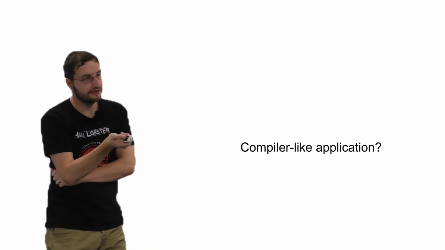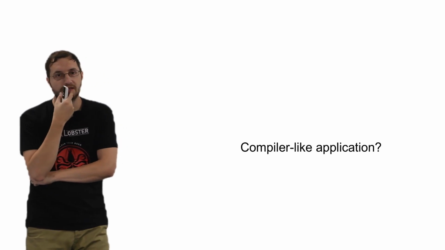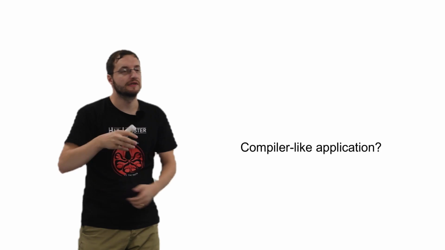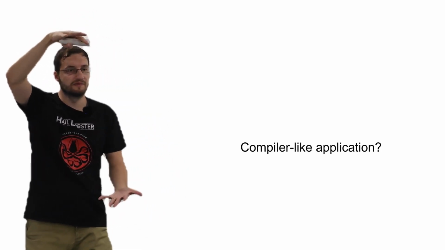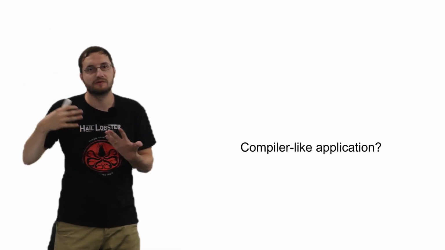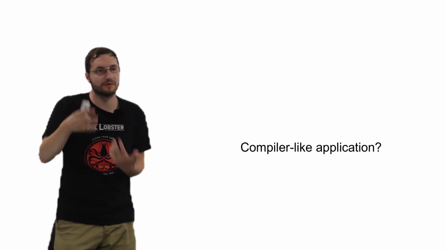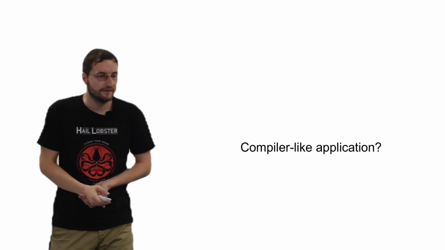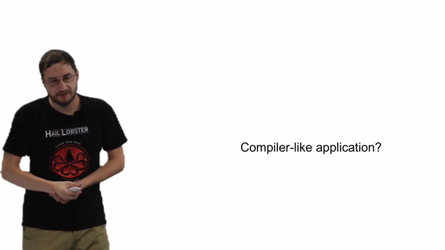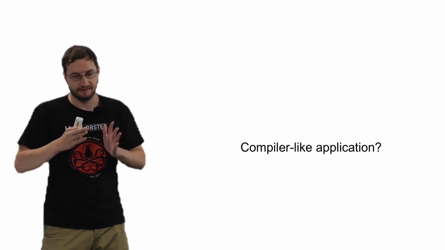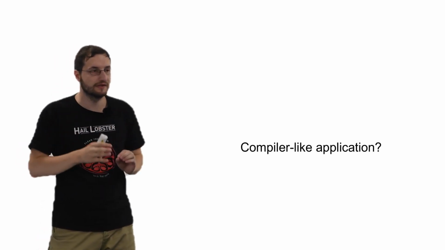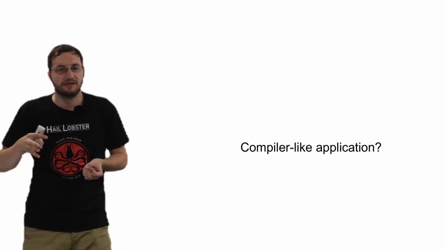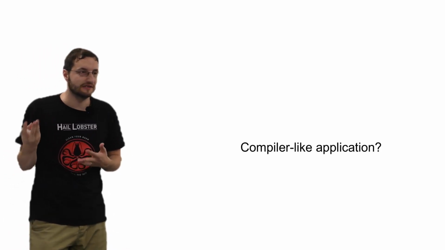Then if it's not an HTTP server, maybe you are asking, what if my application is kind of similar to a compiler? So it takes complicated text input from the user, or programmer, or whoever. It somehow processes it and creates an output. And in those cases, in my experience, if you have complicated text input, you really want to try to achieve the same level of error messages as rustc has.